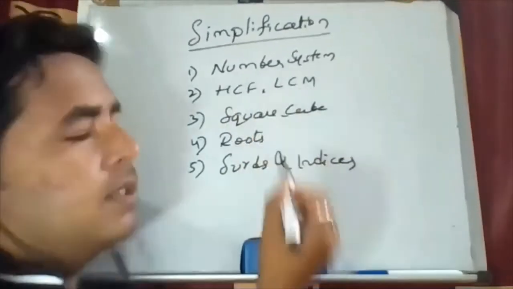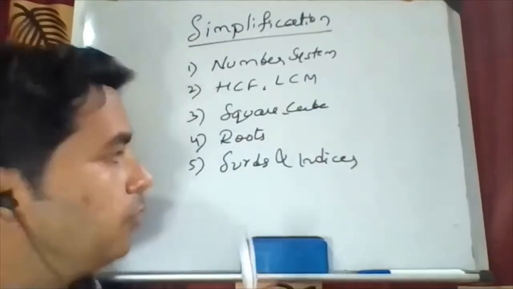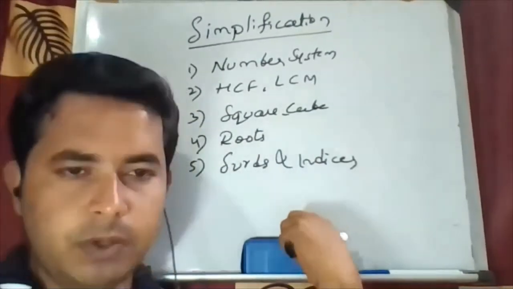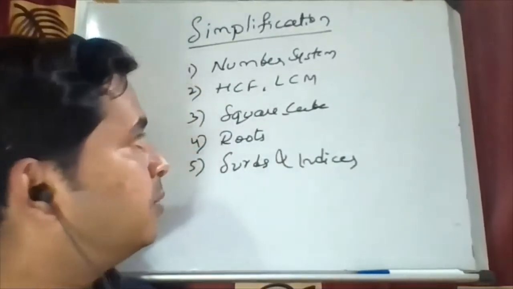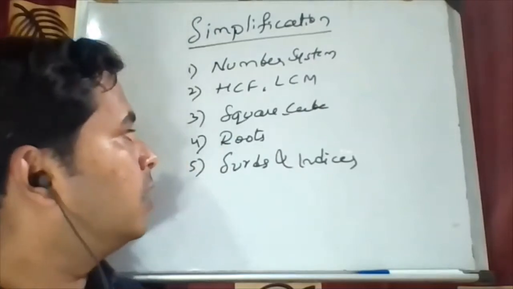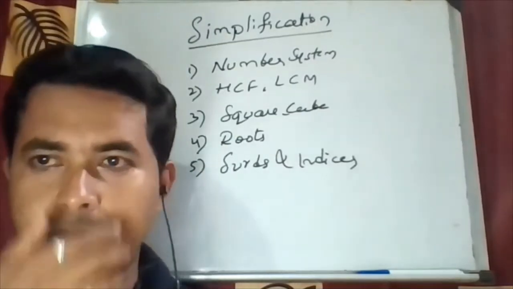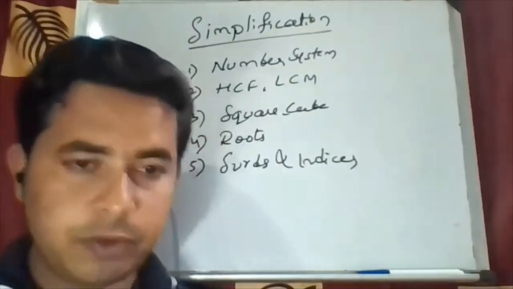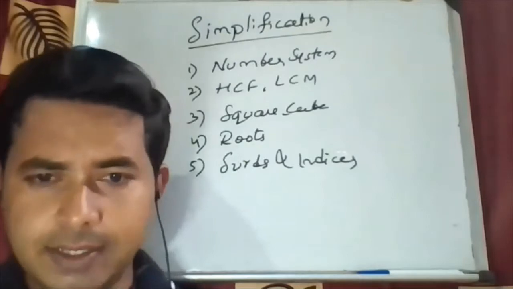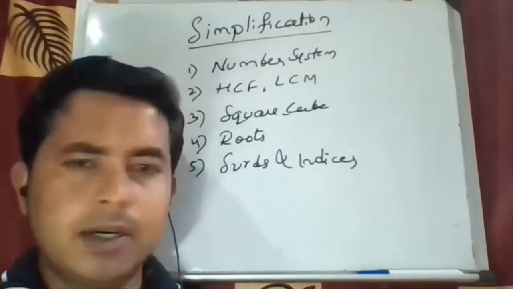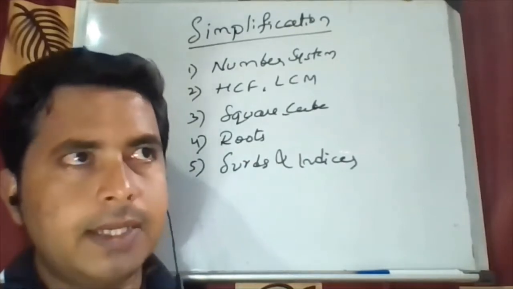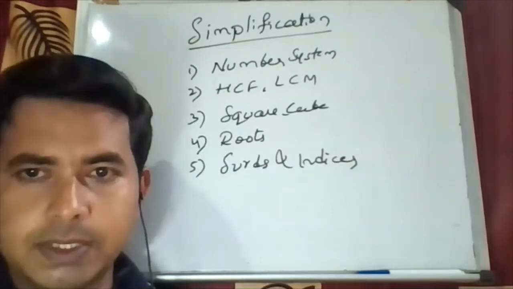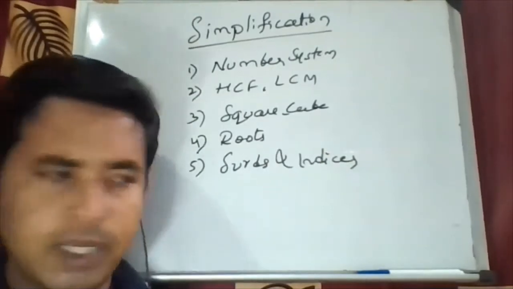So in the simplification topic, all these types of questions are involved, which may be a type of number, HCF, LCM concept, square values or roots, surds and indices, and it also involves some other types of questions. It is actually like a mix of all these topics, and these are the 5 main topics, including some other topics also.